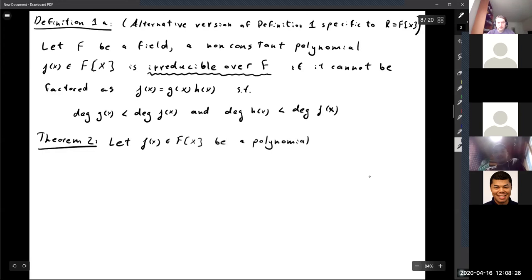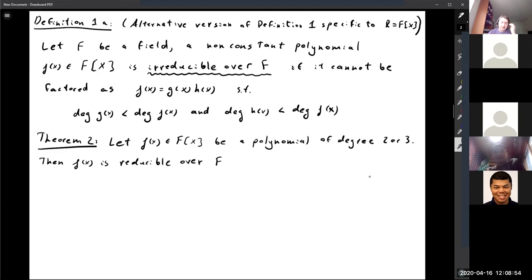Then f of x is reducible over F if and only if it has a zero in F. If and only if it has a root in F.